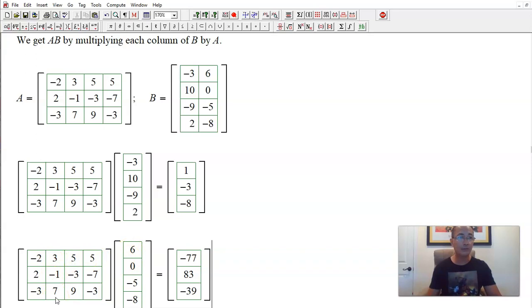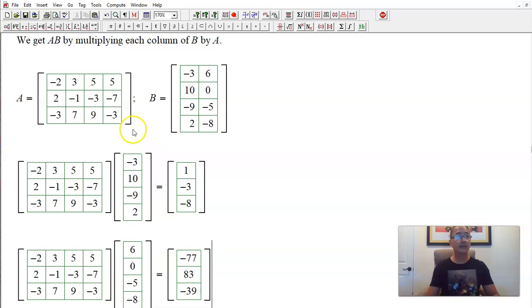Column 2 doesn't contribute. 5 gets multiplied by minus 5, so minus 12 minus 25. So right now we have minus 37. And then the last column gets multiplied by minus 8. So 5 gets multiplied by minus 8. That's minus 40. So minus 37 minus 40, we get minus 77. So that is, of course, correct.